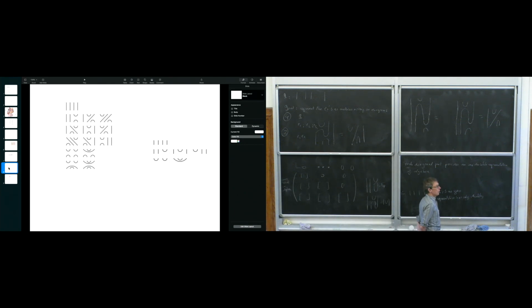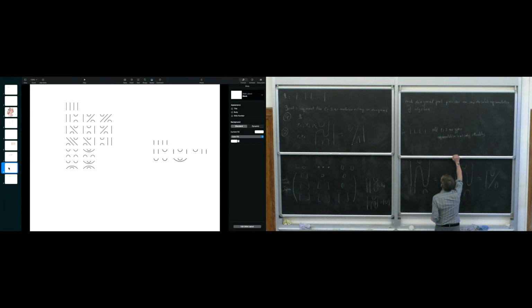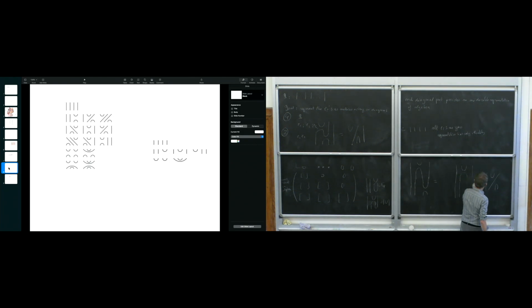We can look at the action of the generators, for instance, in the second space now. Let's look at the representation we get on the second space. In the second space, I have 3 diagrams.